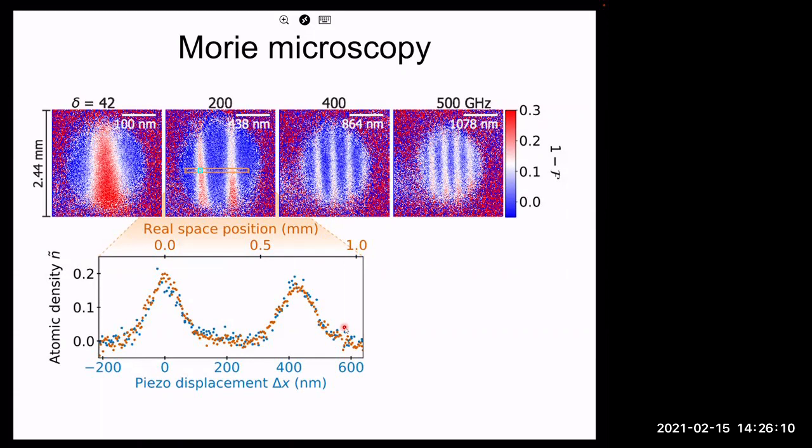These two experiments, by moiré and by piezo scan, essentially reproduce the same atomic wave function. That validates that this moiré microscopy indeed is showing the atomic wave function, even though right here the wave function is kind of simple. This is just a wave function of a particle in the lattice.